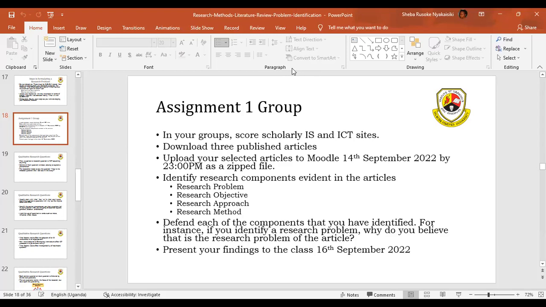And IS? IS as well created groups, and I think all of us are in groups. Some are 6, others are 5. Please just share those groups so that I can put them in Moodle. That way, when you submit as a group and I mark, your group mark goes to you as well. Understood, Doctor. Thank you.